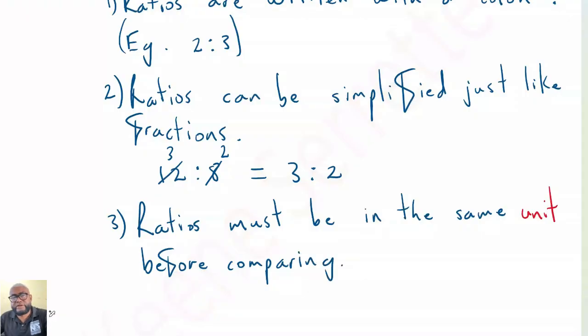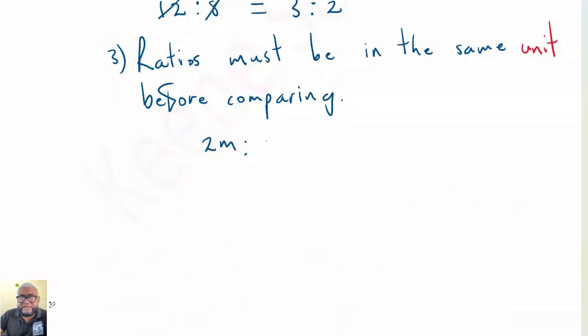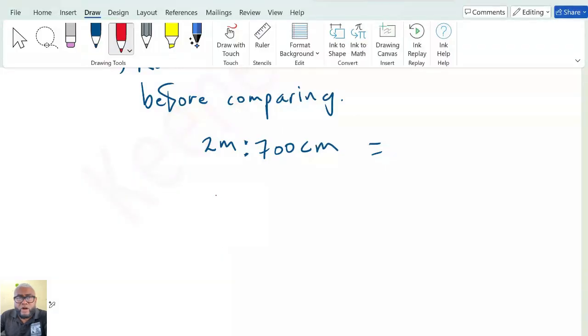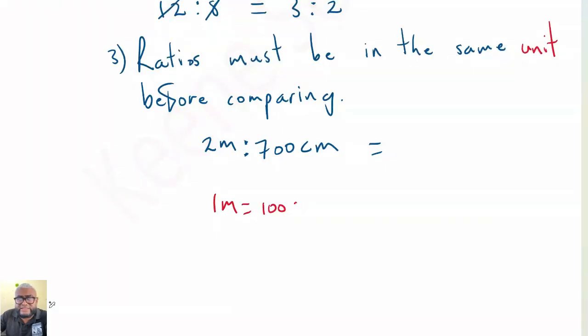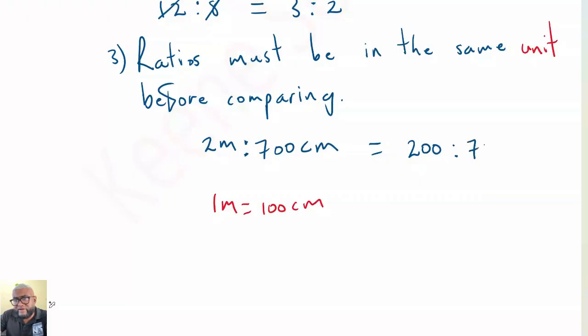So in other words, if I have 2 meters to 700 centimeters, I must convert the 2 to centimeters. We know that 1 meter is equal to 100 centimeters. So 2 meters is actually 200 centimeters. So you must write this as 200 to 700 before we can reduce. This will be equal to 2 to 7 because you're reducing it just like you would reduce a fraction.